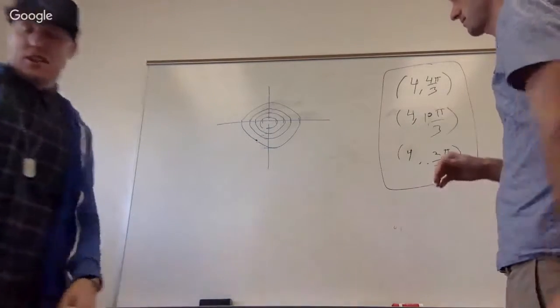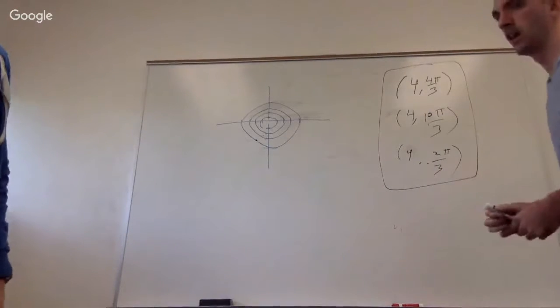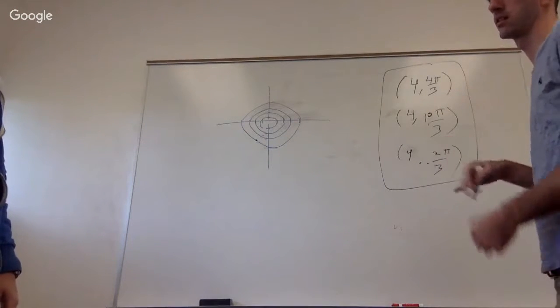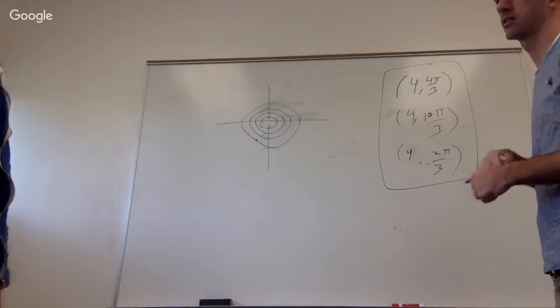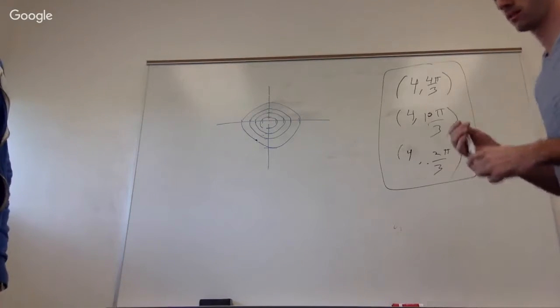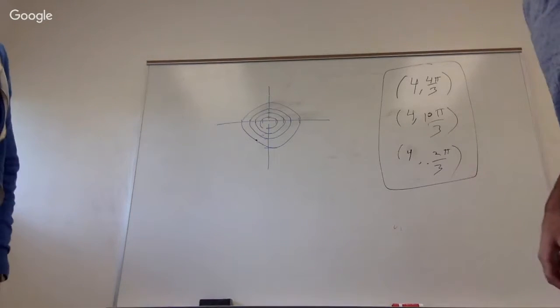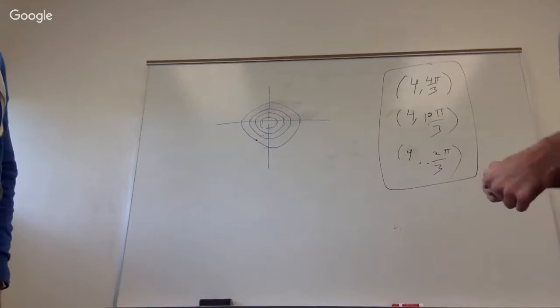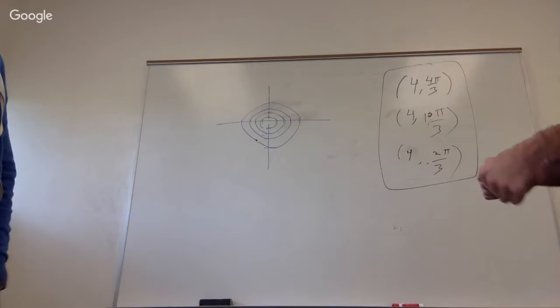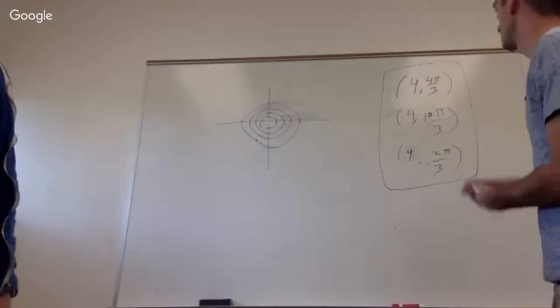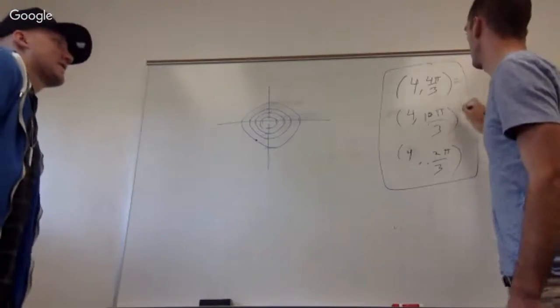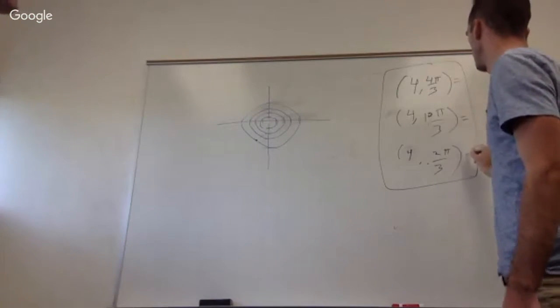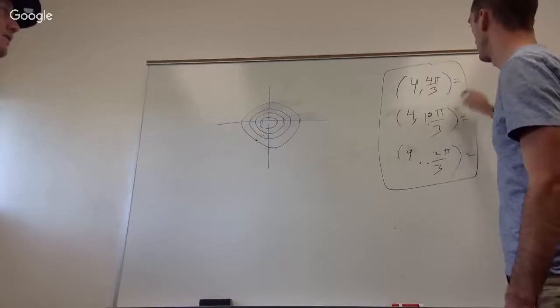So that's what I'm trying to think. 360 plus 90 is 450, plus 90 is 540, right? And from 180 to 4 pi halves is 600 degrees. So all we need to do is convert this to degrees, this to degrees, and this to degrees. This should be 306.